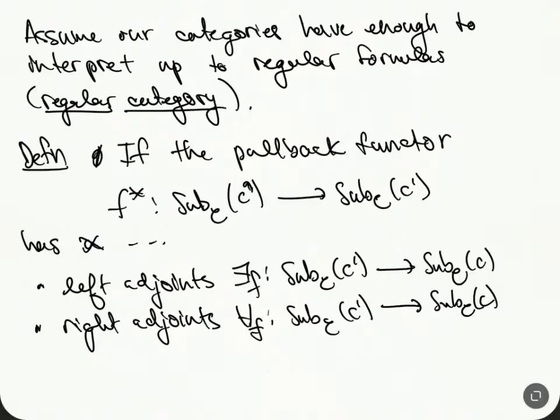So this thing, then, okay, let's say, then C will be called a Heyting category.